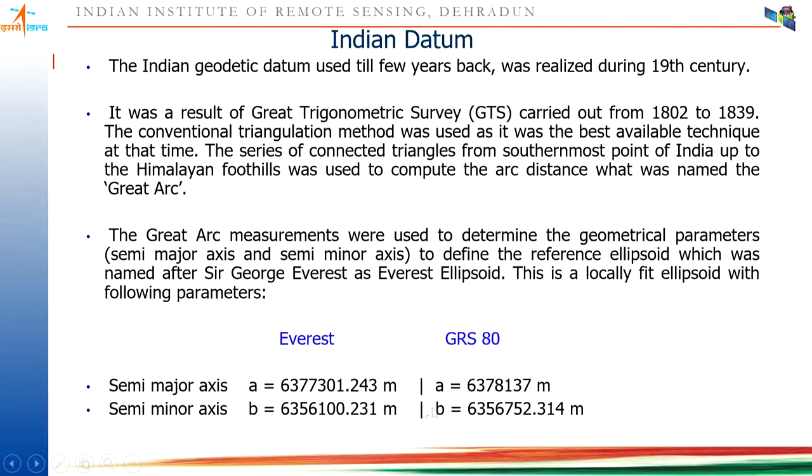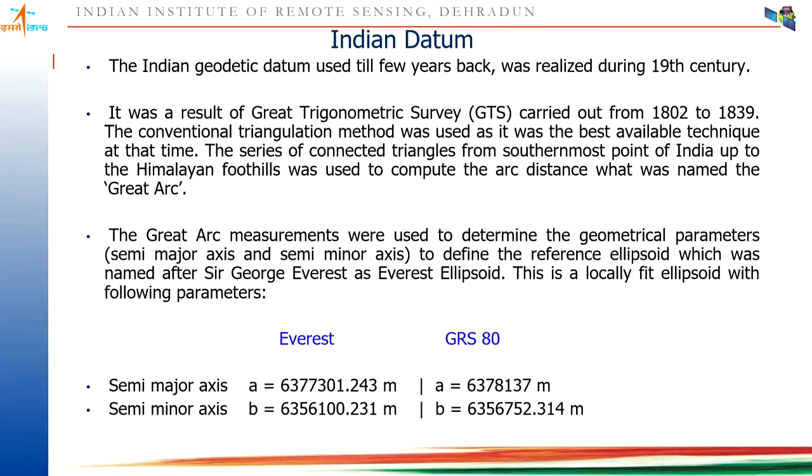Now, in today's GRS80 ellipsoid, A is around 6378137 meter. So compare both the semi major axis and the minor axis with today's. How much difference is there? 6377301 and 6378137, around 800 meters difference.